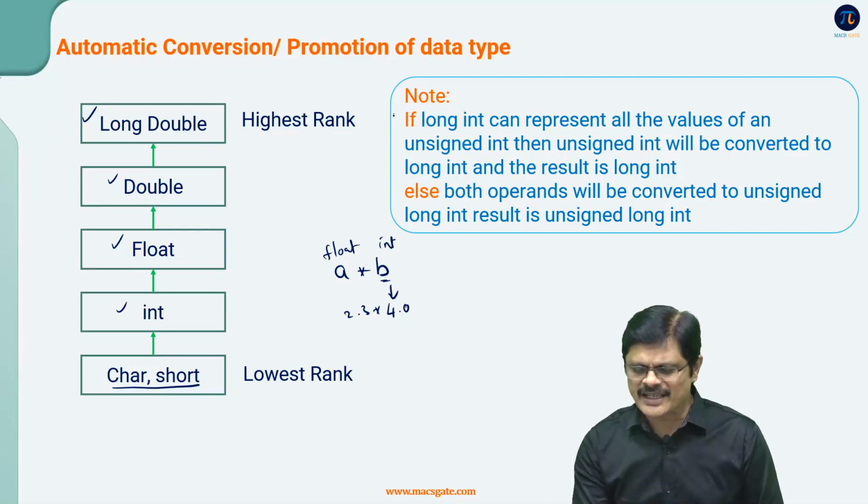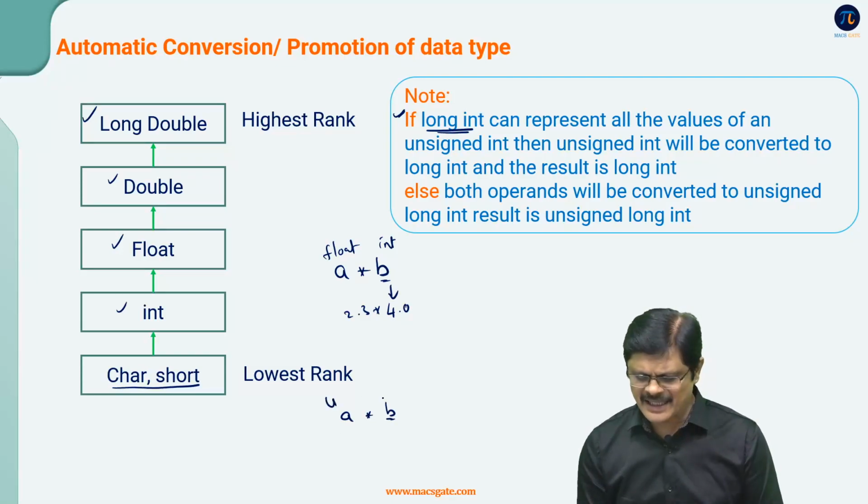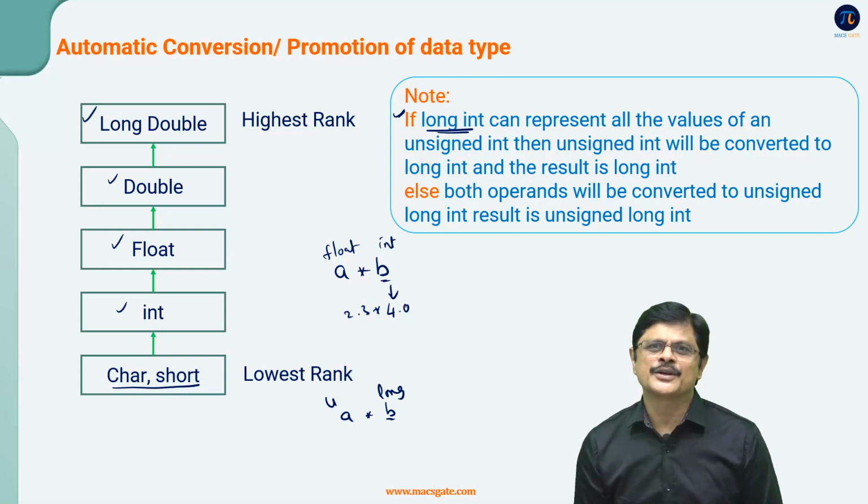There is a special case. Suppose we have an unsigned integer and a long integer. If the long integer can express all unsigned integers, then both are converted to long integers.